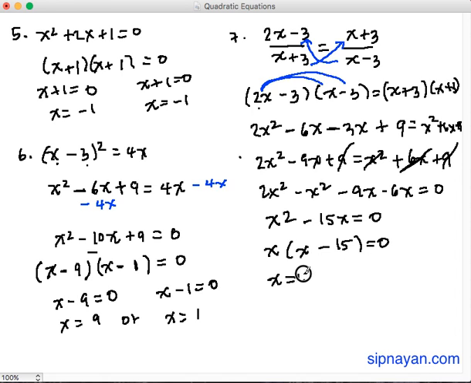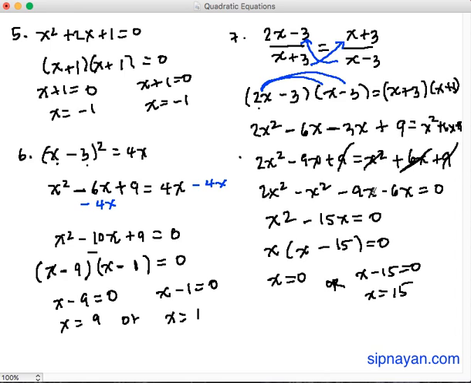We have x equals 0. And then we also have x minus 15 equals 0. X equals 15. So, our root ay 0 or x equals 15. Okay, that's it. I think yan yung ating quadratic equations by factoring.